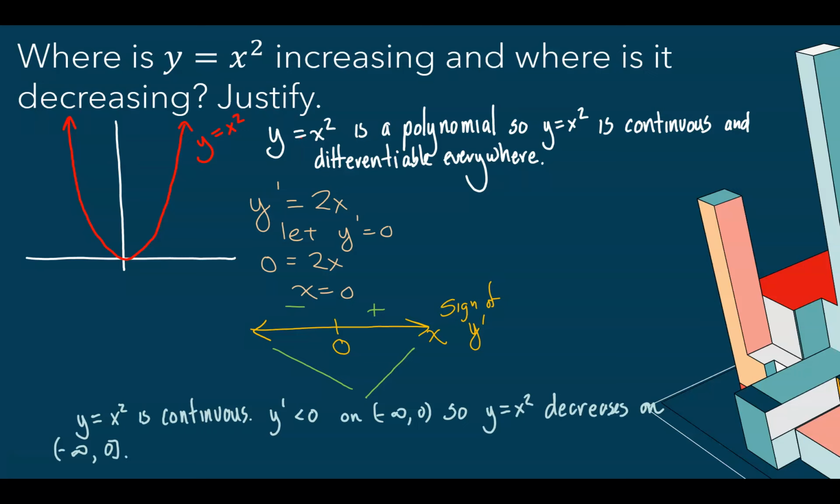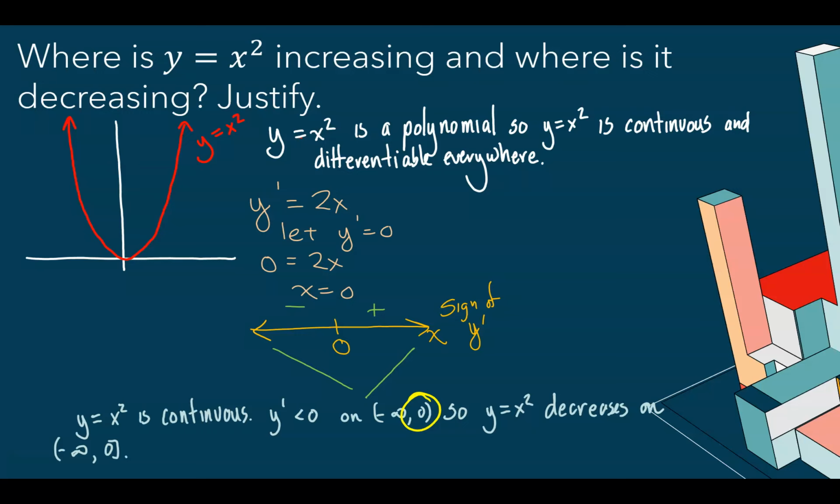Then we actually have to write out what we see. I already said x squared is continuous, but I'm going to say it again here in my conclusion, because it's so important. If you say that at the beginning and at the end, number 1, you'll probably remember one of them, and number 2, you're training your brain that that's important. So anyways, y prime is greater than 0 on the open interval -∞ to 0. Why don't we include this endpoint 0?